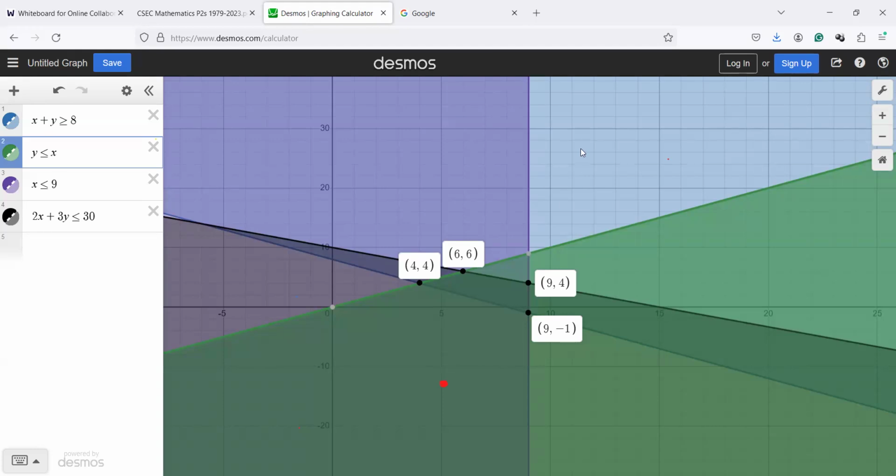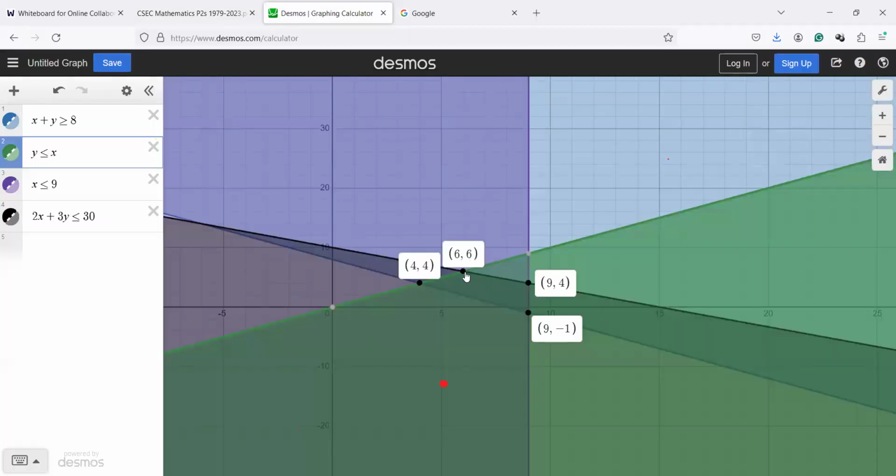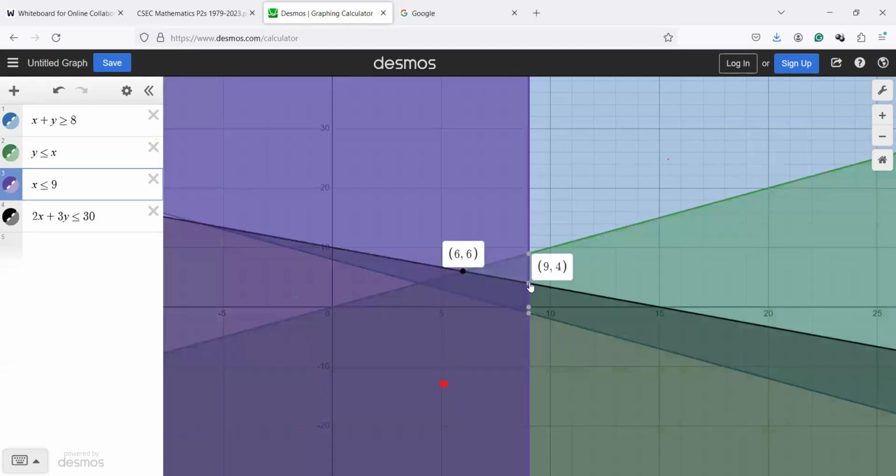Now, the question asks us to determine the two combinations for the minimum number of cars and minivans that can carry exactly 60 people on the tour. And so that would be these 2 points right here, the 6-6 and the 9-4.